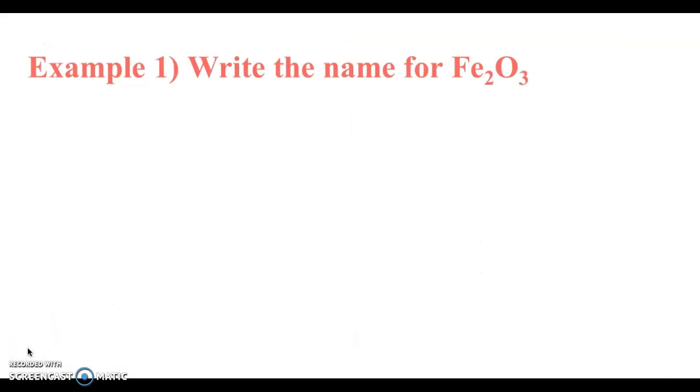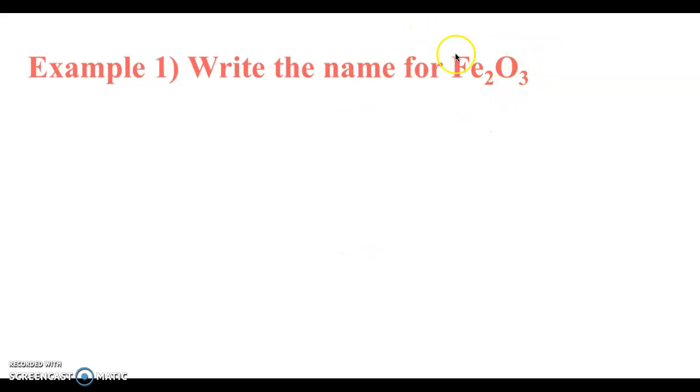All right, here we go. So we're going to write the name for iron and oxygen bonded together. So Fe is iron. If you don't know that, again, you can use Table S. The most important part here is figuring out the charge. So essentially what you have to do is reverse crisscross the charges. Normally we look at our charges and crisscross in order to get the ratio for our chemical formula.